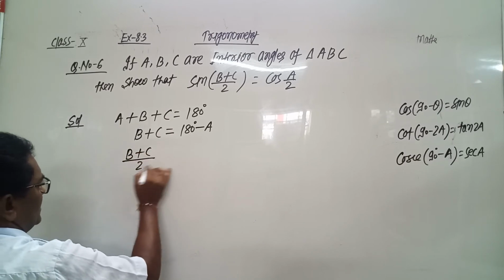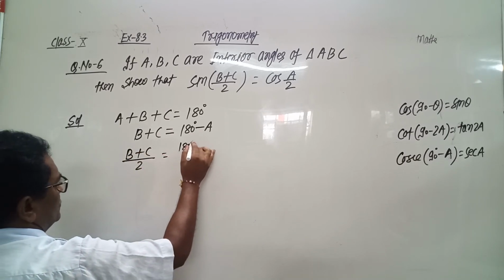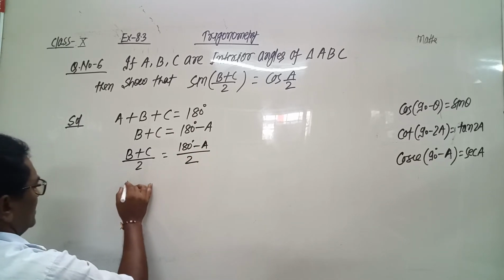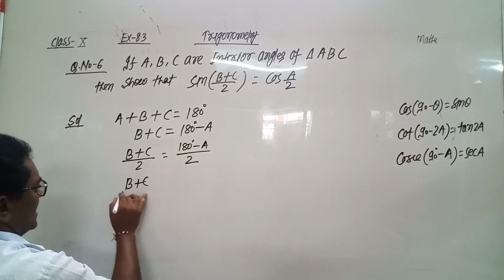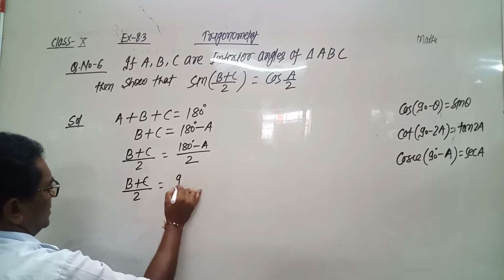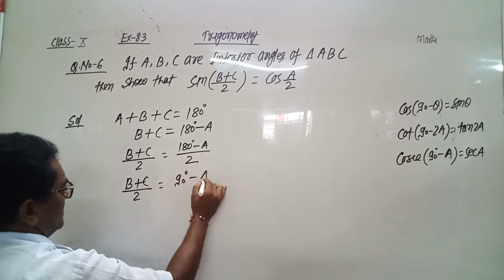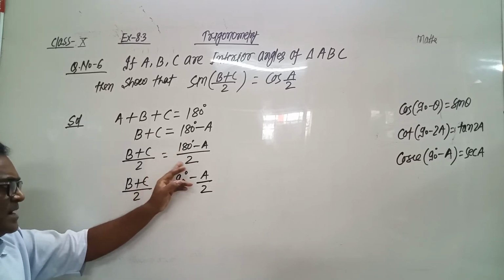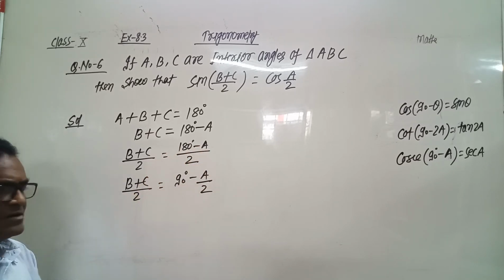So (B plus C) divided by 2 equals (180 minus A) divided by 2. Then we get (B plus C) by 2 equals 90 degree minus A by 2. We separated both the terms: 180 by 2 is 90, minus A by 2.